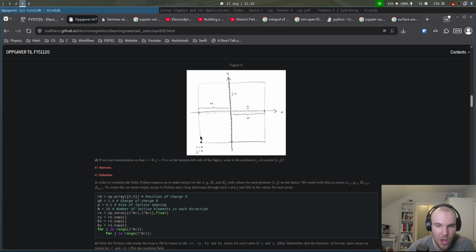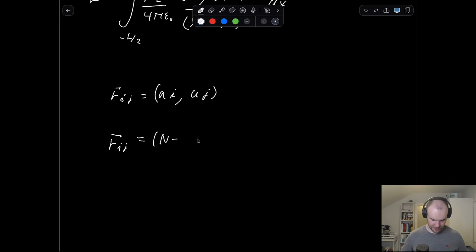If I want to go up, I have to go up n. If we start enumeration with i equal to 0 and j equal to 0, we should have then minus n. So this should be the opposite, shouldn't it? Shouldn't it be a times i minus n?